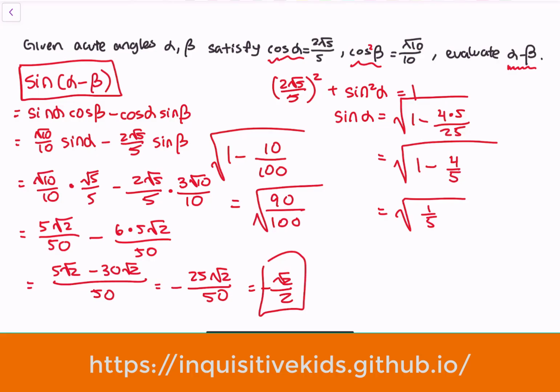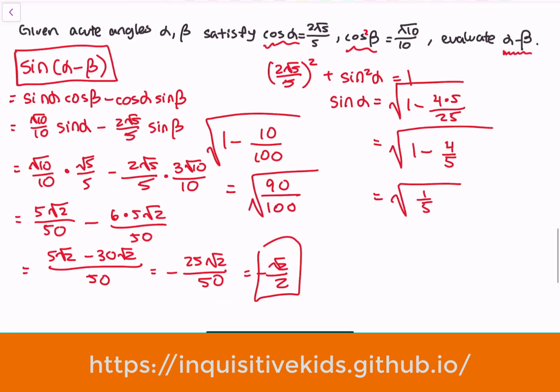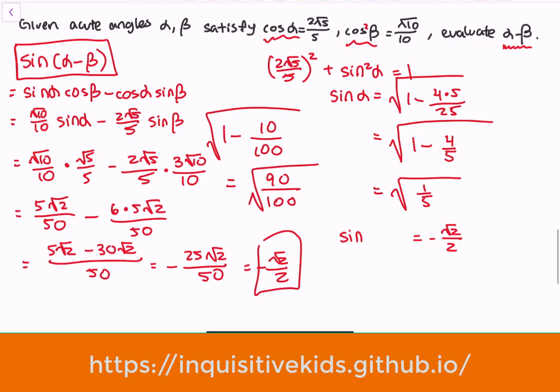But we're going to actually find what alpha minus beta itself is. So in what cases do we have sine of an angle equal to negative square root of 2 over 2? Well, sine of 45 degrees is positive square root of 2 over 2.